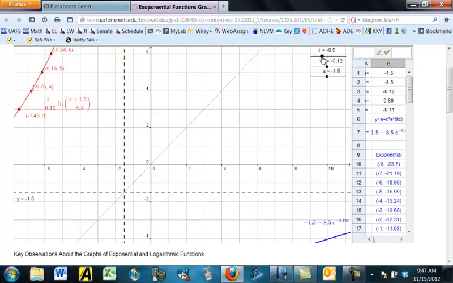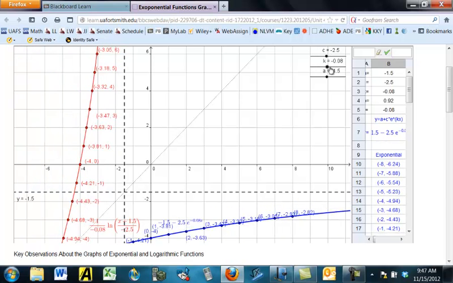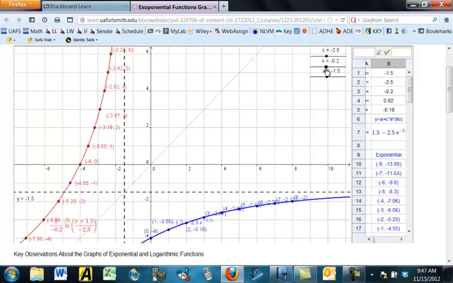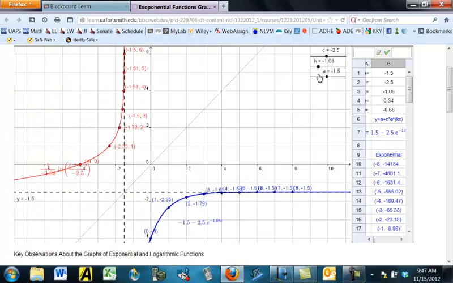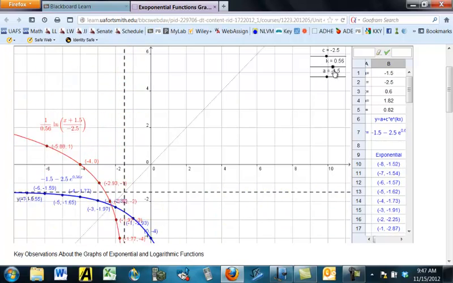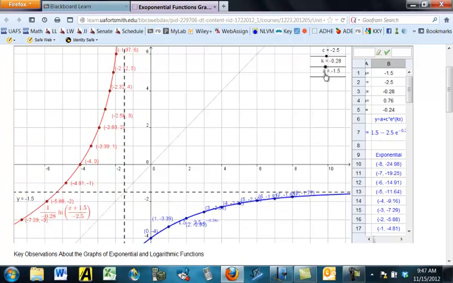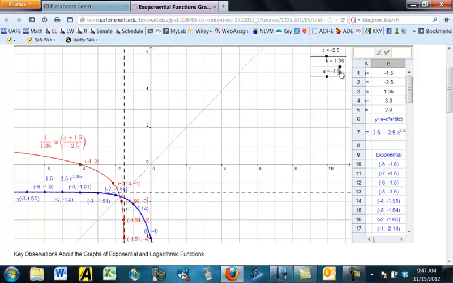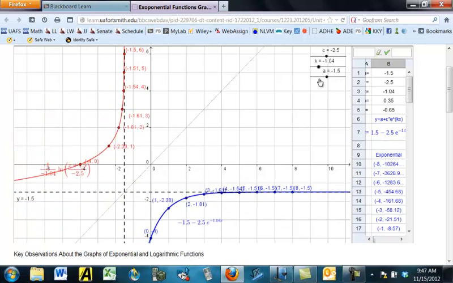Now, if the C is negative, then it flips over, okay, and notice that the blue one now is always below that horizontal asymptote, and the red one is always to the left of the vertical asymptote. So the logarithm is to the left of the asymptote when you have a negative C, and when you have a positive C, it's to the right.